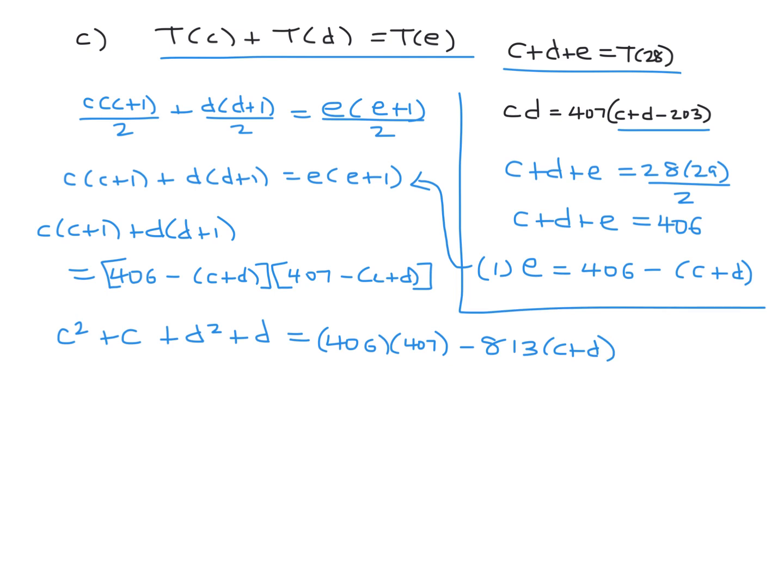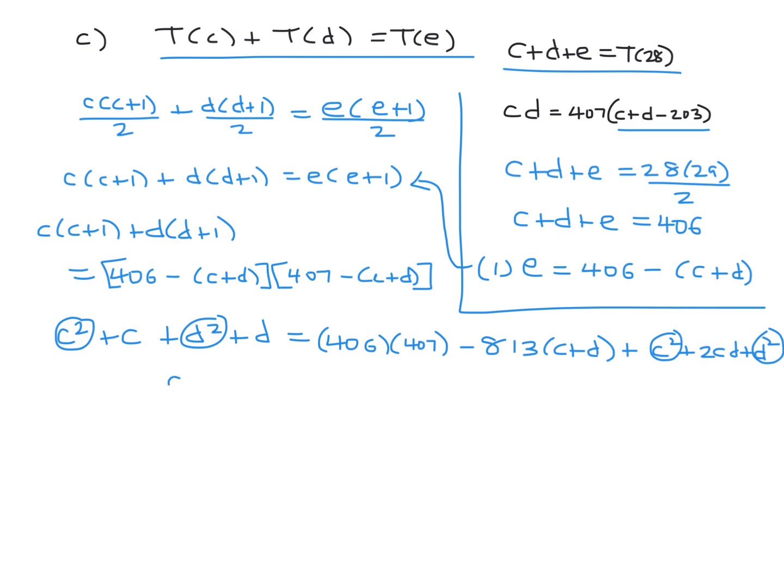And then finally, this whole thing is going to be a positive, and then I'll just do the (c plus d) squared expansion: c squared plus 2cd plus d squared. Like that. All right, so that's basically the expansion. And this cancels with this guy. This cancels with this guy. Anything else cancels? Not yet.